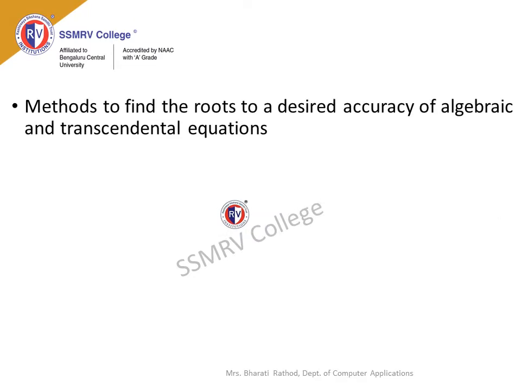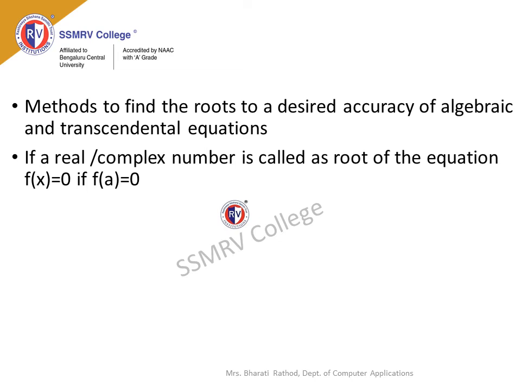Methods to find the roots to a desired accuracy of algebraic and transcendental equations. A real or complex number a is called a root of the equation f(x) = 0 if f(a) = 0, where a is the root of the equation.